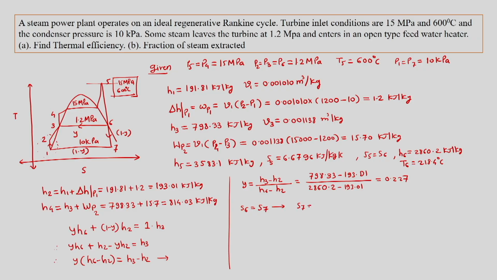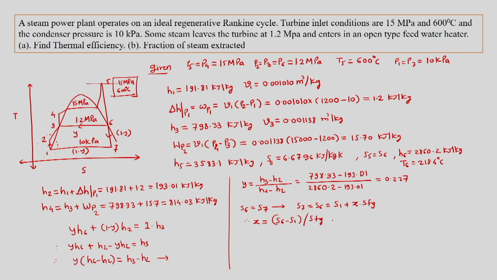So S7 equals S6 equals S1 plus X into SFG, and X is S6 minus S1 divided by SFG.